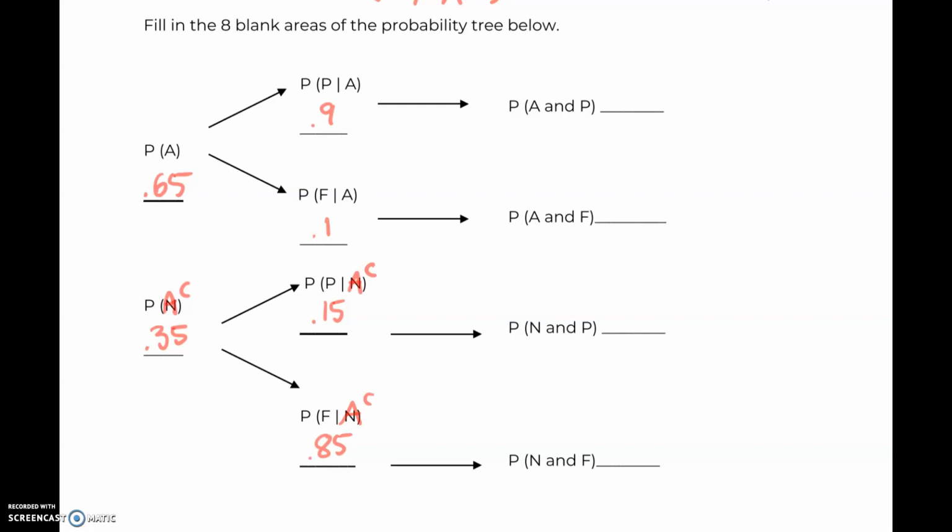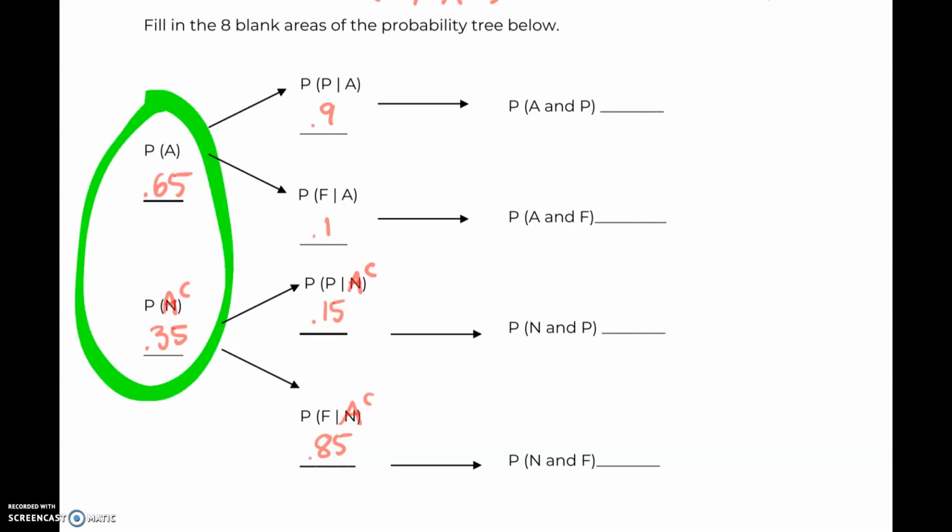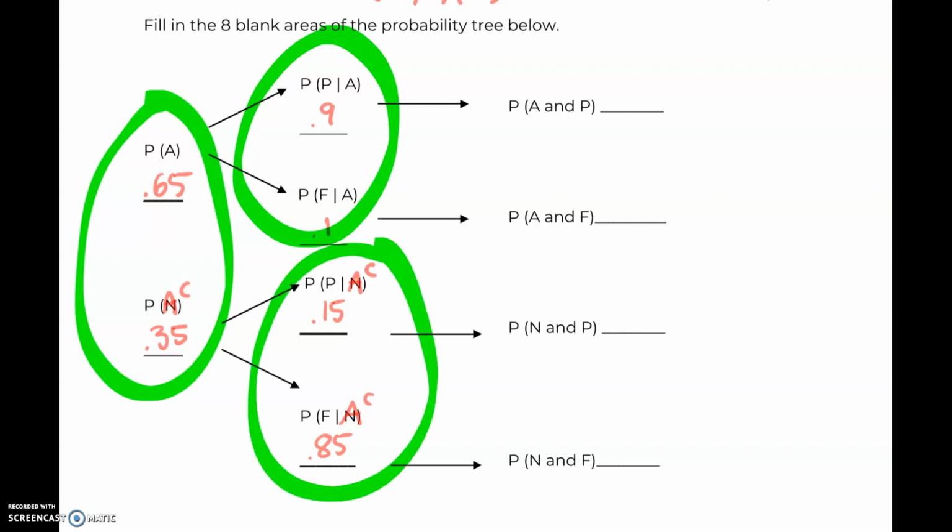A couple things to keep in mind is for these probabilities, we have the first two probabilities add up to 1. These two probabilities add up to 1. These add up to 1, and we'll see at the end that our last four probabilities, our joint probabilities, also add up to 1. So one thing when we have joint probabilities, we know that the probability of A and P is the probability of A times the probability of P given A. We did that in a previous video, so we simply can multiply 0.65 times 0.9 in order to get the probability.